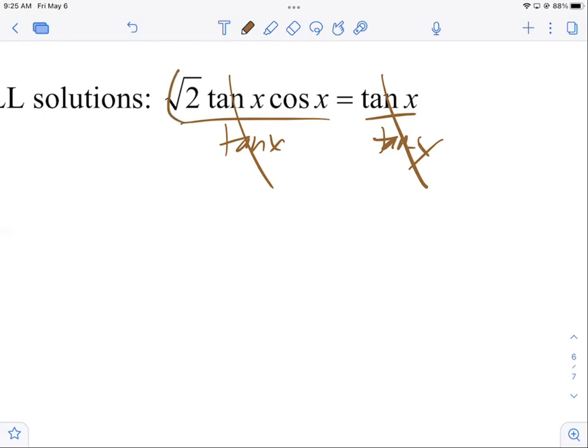Well, it's actually just one of 3 factors, so I can divide through by any one of those. But if I divide both sides by tangent, where did it go? Is it still in the equation somewhere? I lose information. So you don't want to do that.